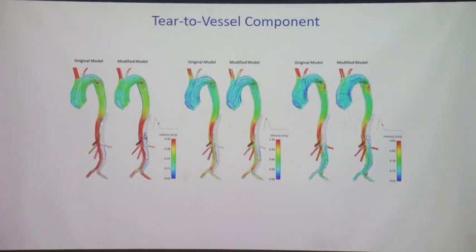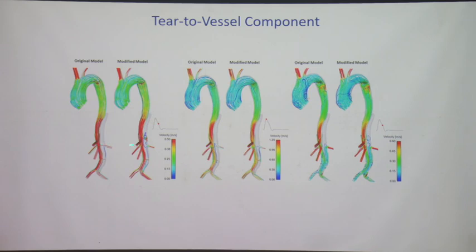So obviously you can see the differences in flow patterns. So this is with the tear moved further up, and then you have a flow. Obviously you created a flow from here, and then there is a recirculation, and then before the exit through the vessel. And if you had a tear which is very close to the branching point, then the flow that exits or leaves through the tear will go straight into the vessel.